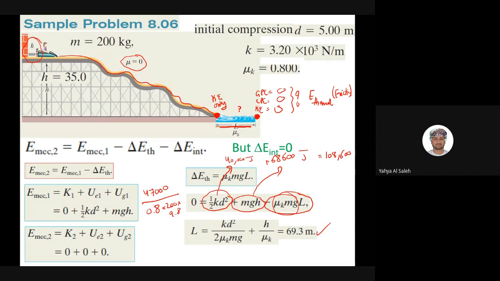Any questions about the sample problem? No?